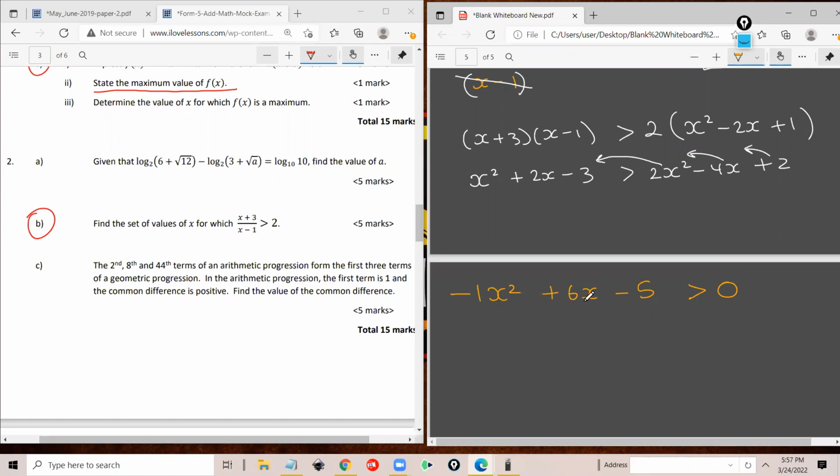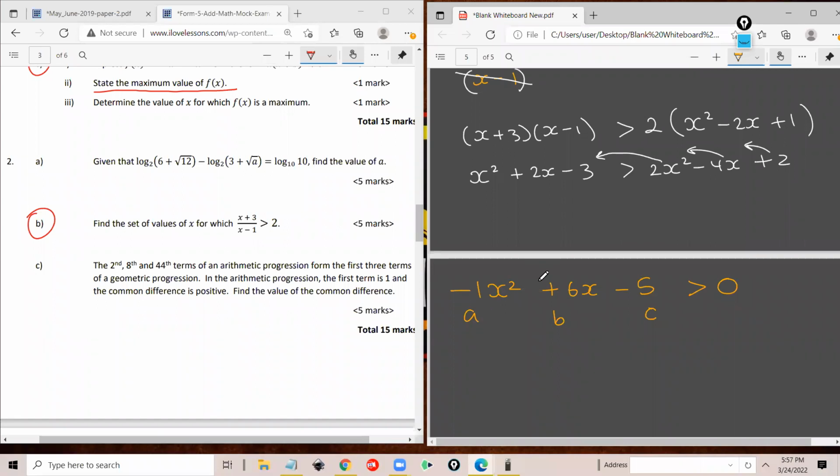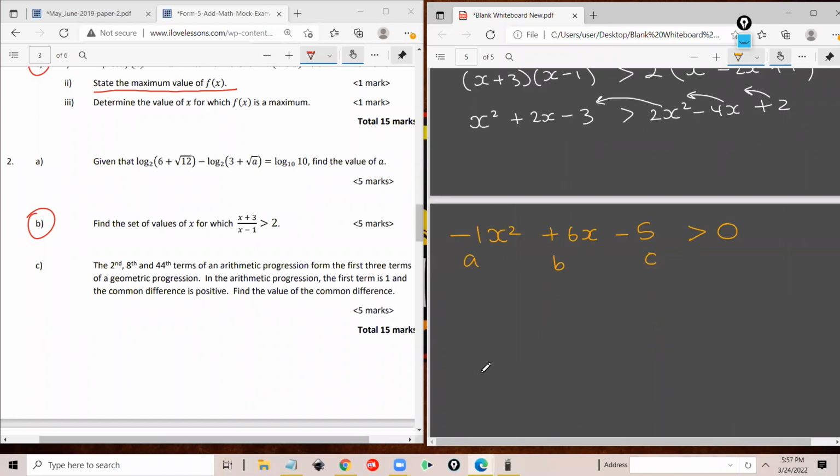So you end up with a quadratic here with an A, a B, and a C. And we know this is going to be what? A rainbow shape one. This is going to be a maximum because A is a negative. So solve the quadratic and sketch it there for me. When you solve the quadratic, we get 1 and 5, right?